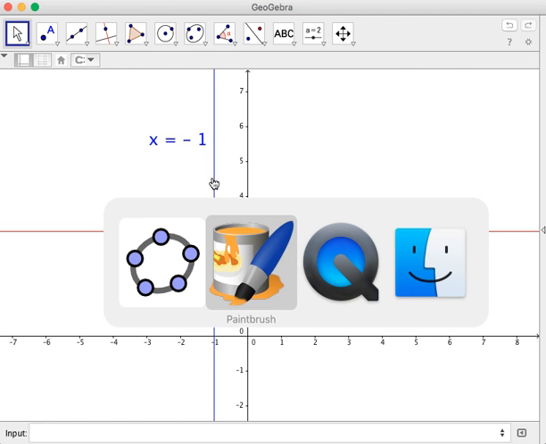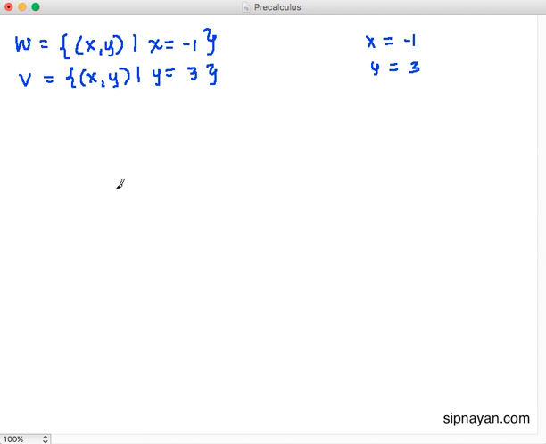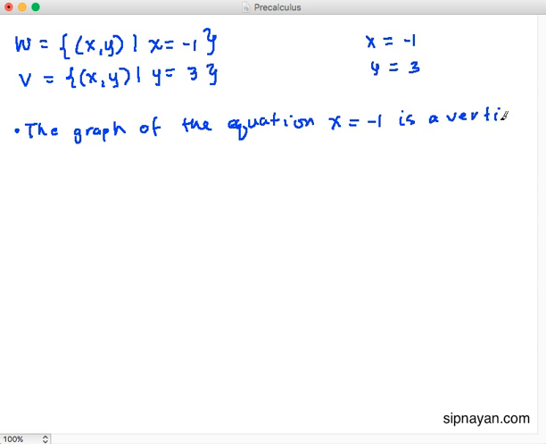So we can say that the graph of the equation x equals -1 is a vertical line.